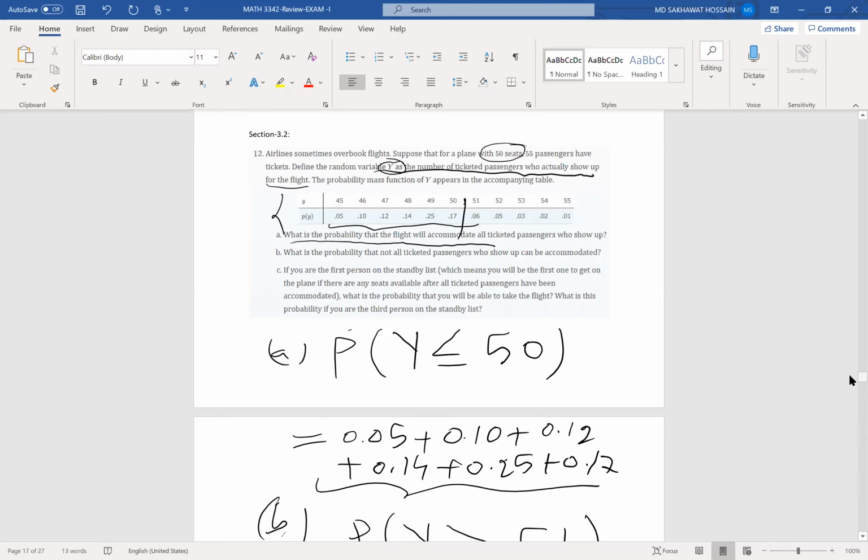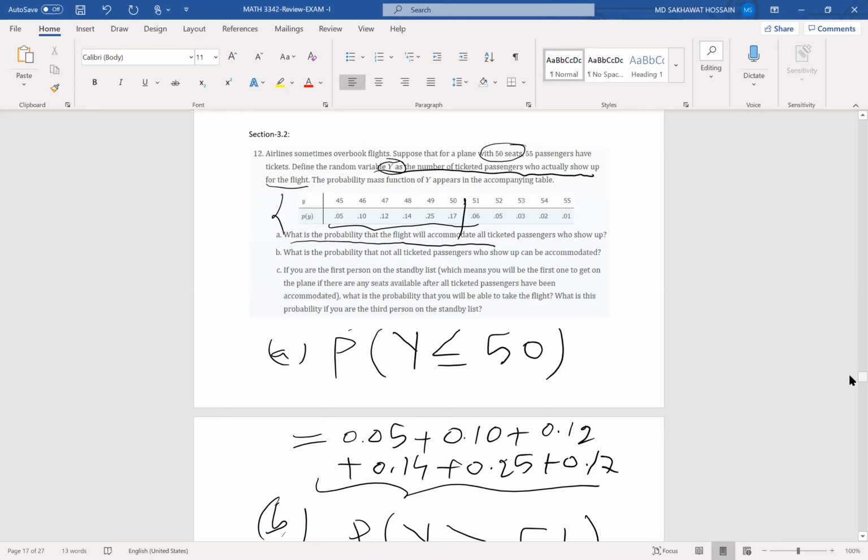That means you didn't buy the ticket, and if the number of passengers who bought a ticket and show up that day is less than 50, then you will be accommodated, right? Then you can get on the plane. If there are 50 ticketed passengers, then there is no chance that you will get on the plane.